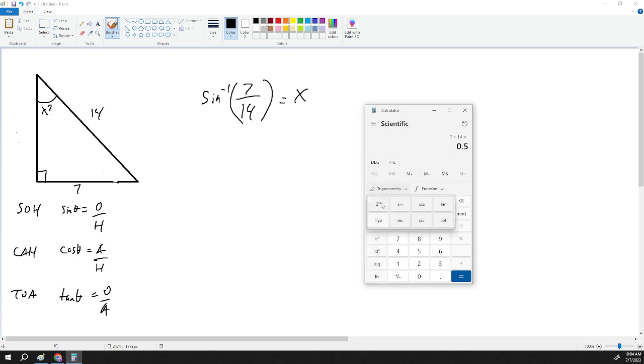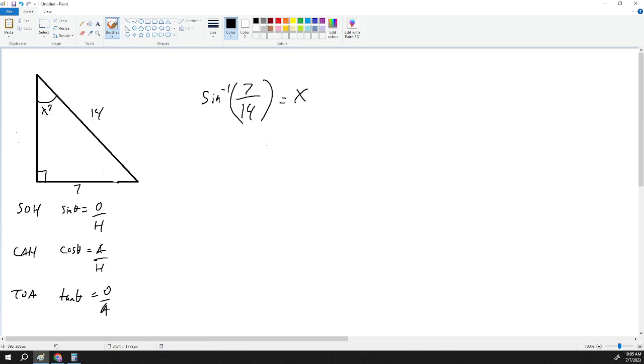Trigonometry, press the second, we have the inverse of sine. 7 divided by 14, inverse of 0.5, it is 30. This is 30 degrees.